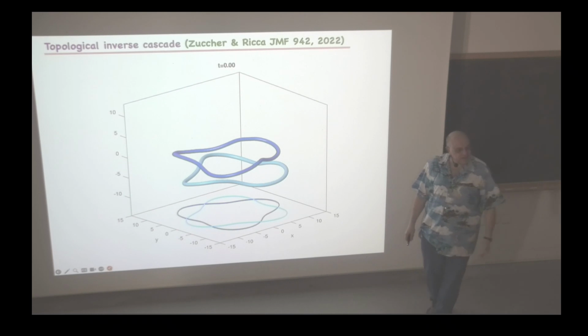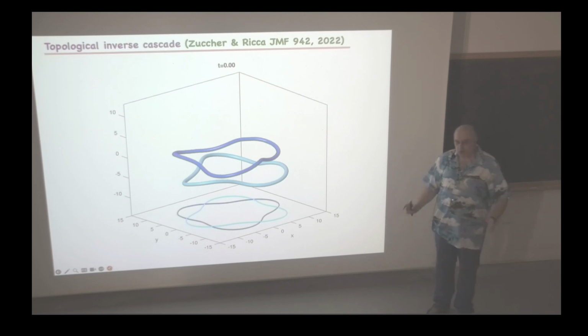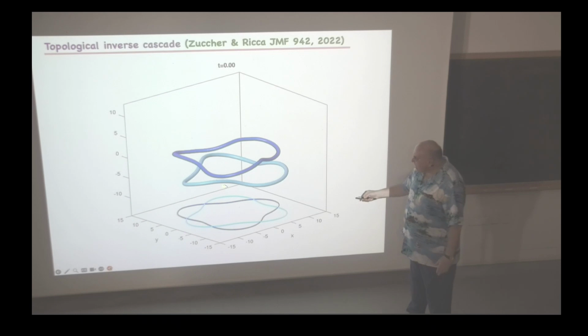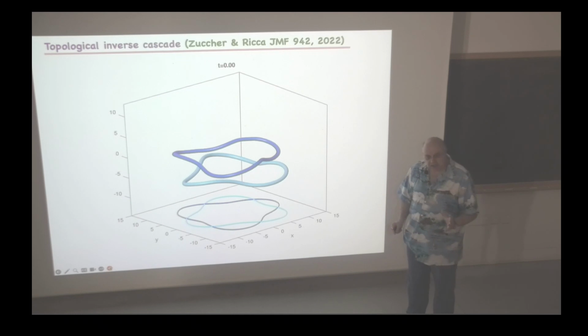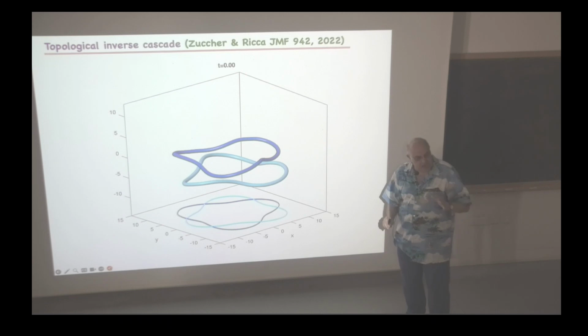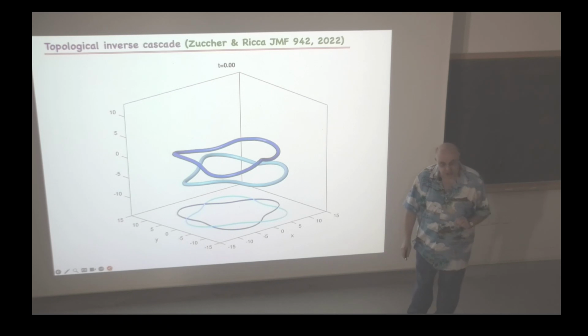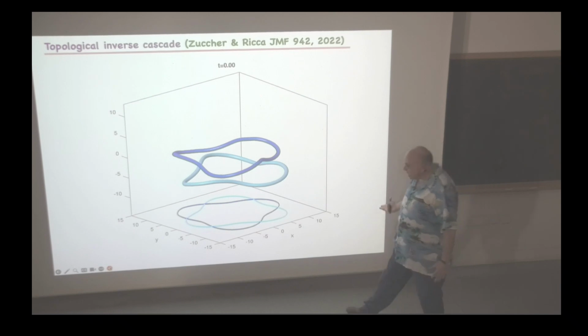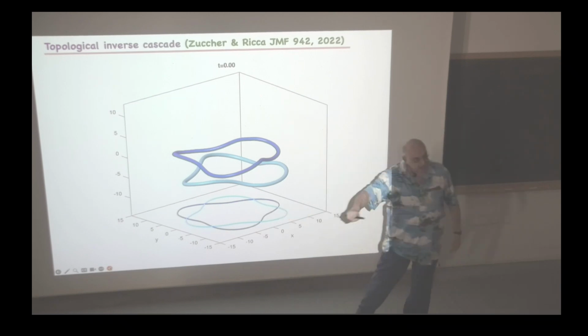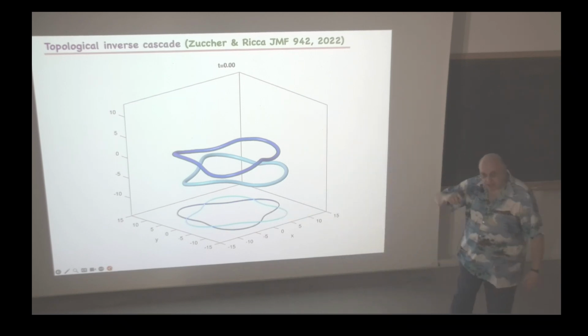But with numerical simulations, we can do that. We can prescribe an initial geometry, guessing what would be the exact location for one reconnection at a time. And if we do that, and we are a little bit lucky, we can go backward in the cascade. Remember what I'm saying.